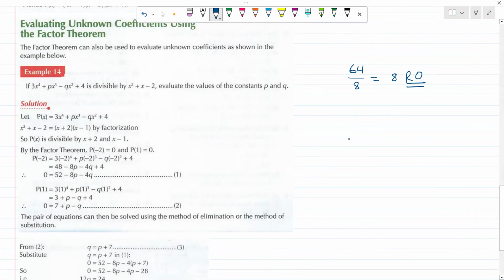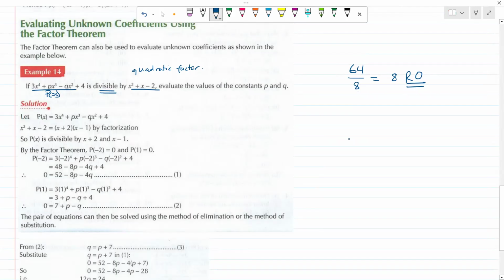So what we could do first is list our polynomial as a function. P of x is equal to 3x to the power 4 plus px cubed minus qx squared plus 4. And then we could factorize this quadratic factor, right? Because they said the polynomial, I'll just call it p of x, is divisible by this quadratic factor.